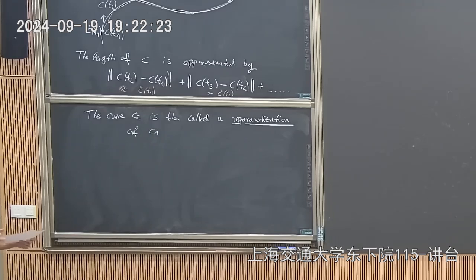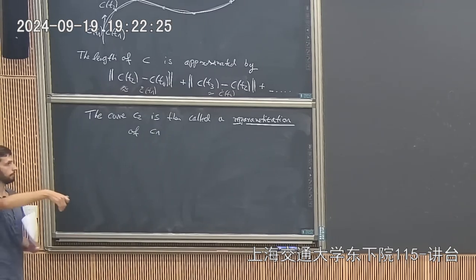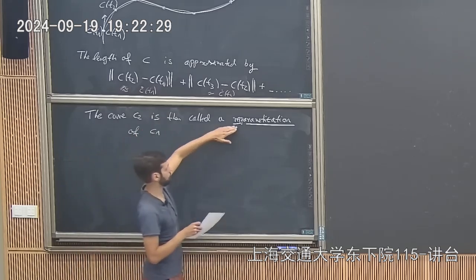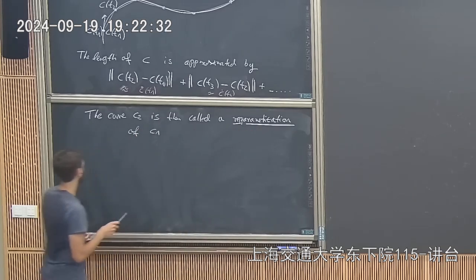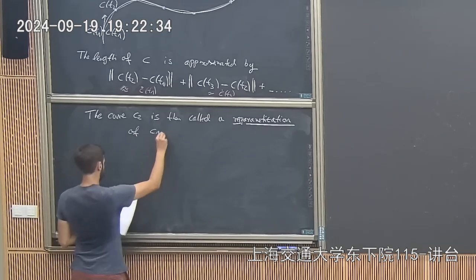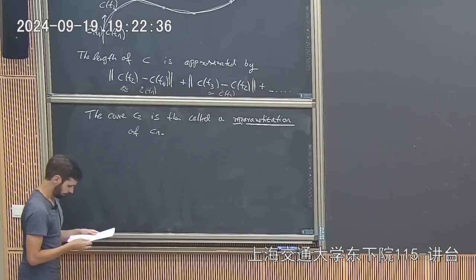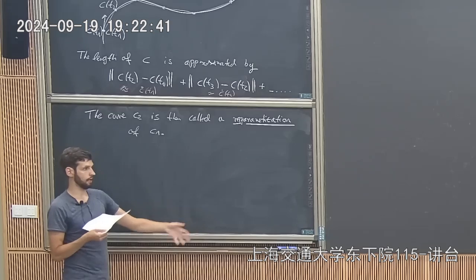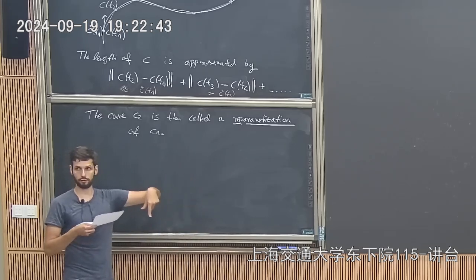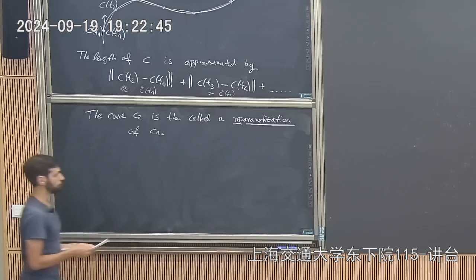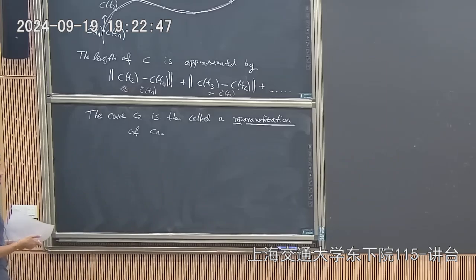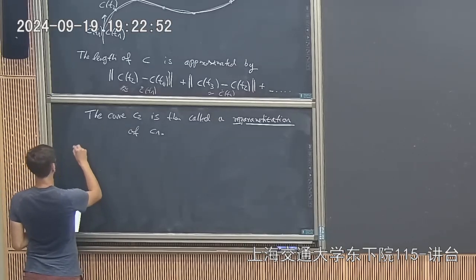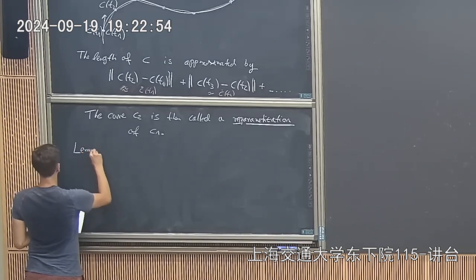So you have two curves whose images are still the same, but they have different parameterizations. That's why we say it's a reparameterization of the curve C1. And of course, the velocity changes, right? In this example, I was way quicker at some points than at others. But the interesting part is that the length of the curve does not change. And that's a small result.